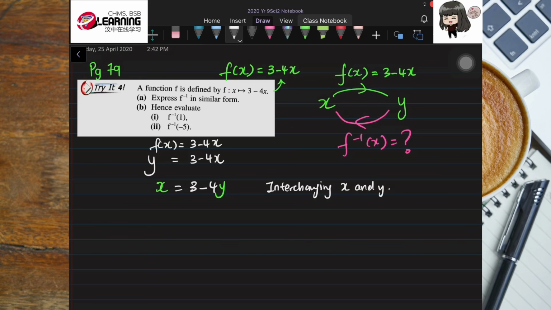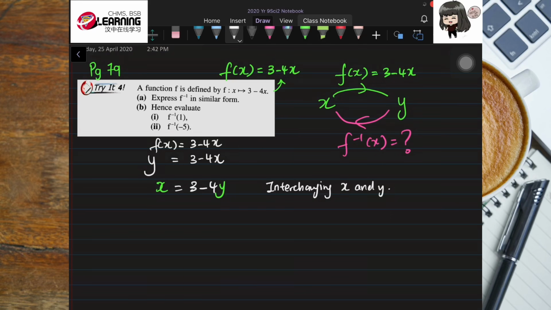The reason is that now your input is x and your output is y. Now your x will become your output and your y is your input. You are looking for the expression when x and y are reversed, so you interchange your x and y.